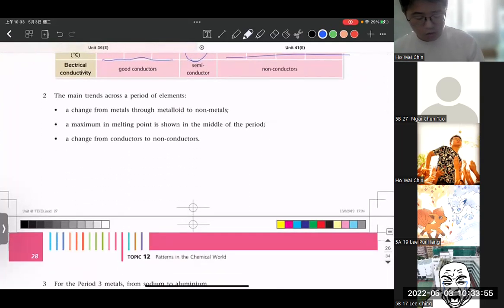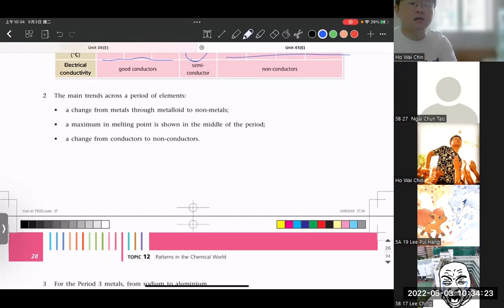So, the trends, first of all, from left to right, from metallic to non-metallic via metalloid or semi-metallic. Second, the melting point will have an increasing trend, climbing the hill from group 1 to group 4 up to the highest value, and will drop down and remain at a lower value, depending on the molecular size.